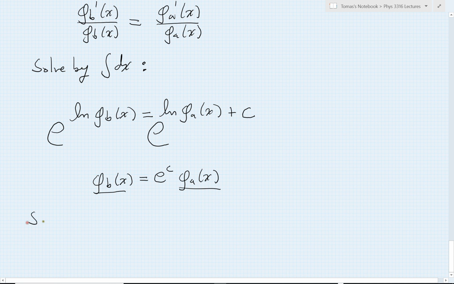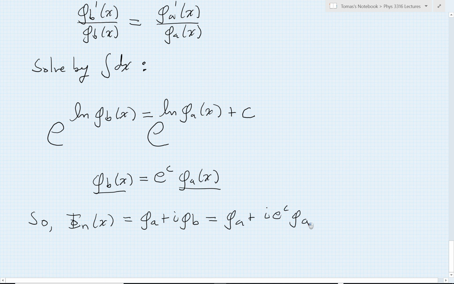So therefore, and now here we get to the conclusion. So phi n of x, which you may recall was originally phi a. Of course, all these functions are functions of x. I'm just getting a little tired of writing the function of x, plus i times phi b would equal phi a plus i, but phi b we see is e to the c times phi a.